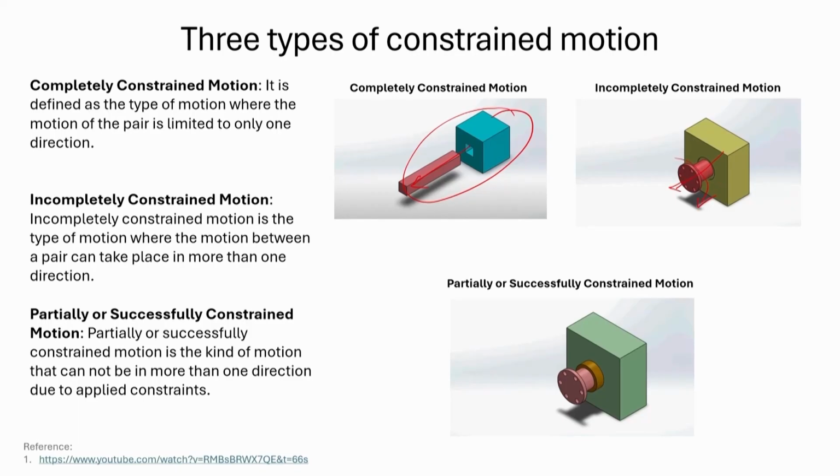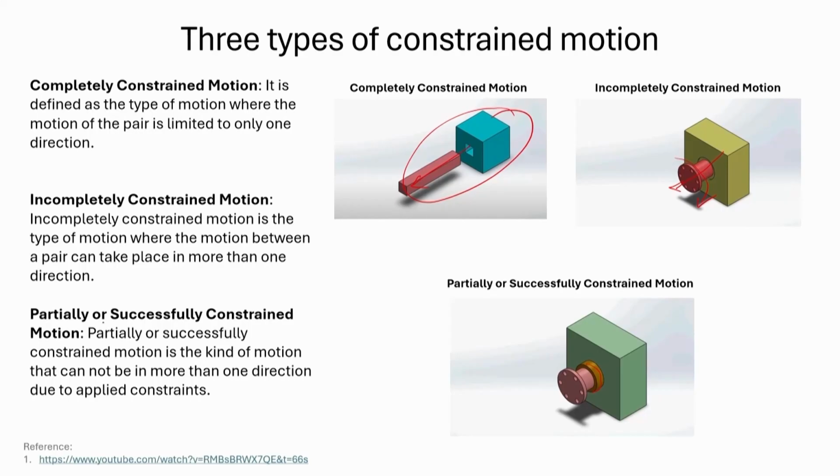two. And then partially or successfully constrained. So, even though this system has the potential, let us say if I put a collar like this, it will not be able to move, but it will only be able to rotate. Or if you put a system of gears, a system of bearings here, that can also serve a similar purpose.